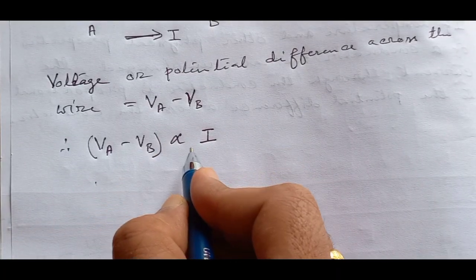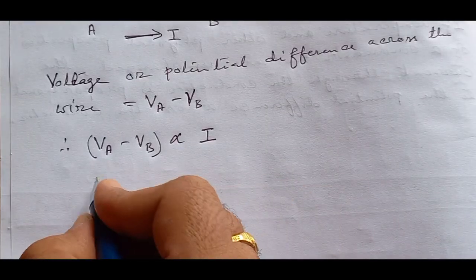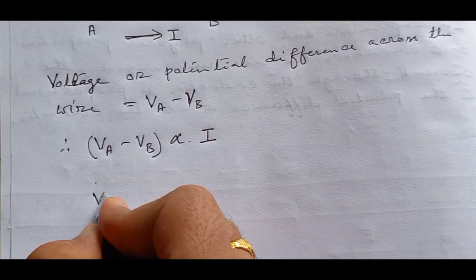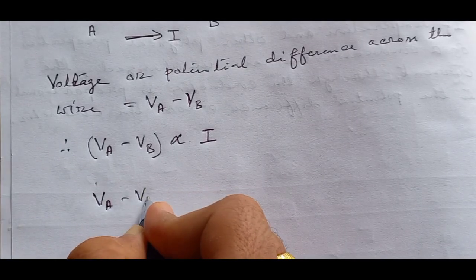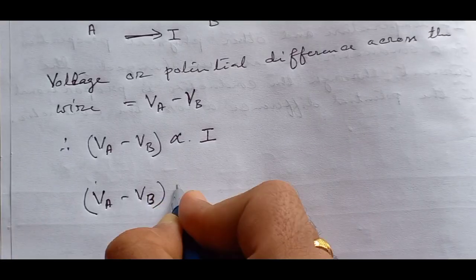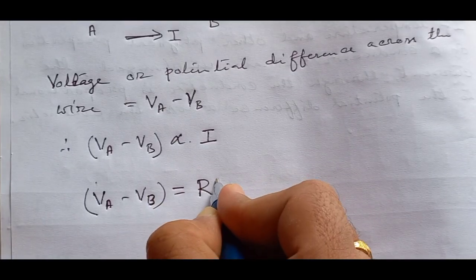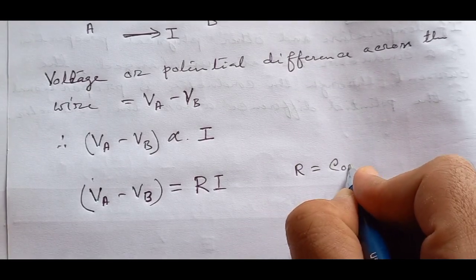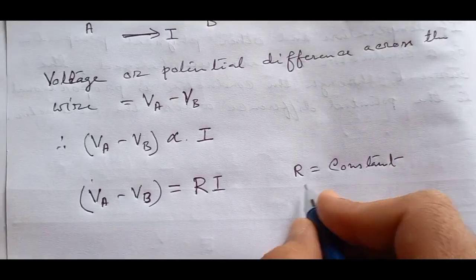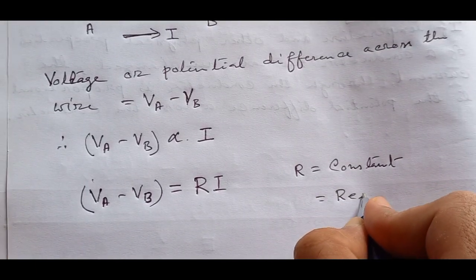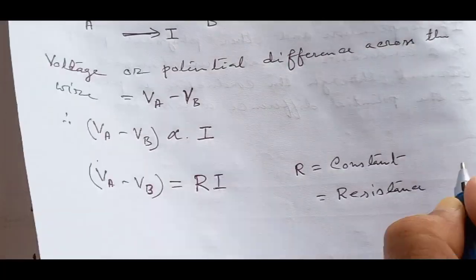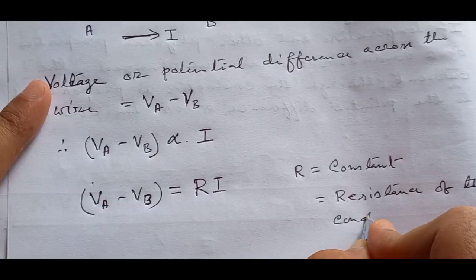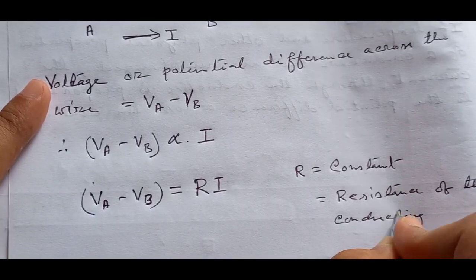If we want to convert the proportionality into equality, then we have to bring a constant term here. So this will be VA minus VB is equal to R into I, where R is the proportionality constant named as resistance of the conducting wire.